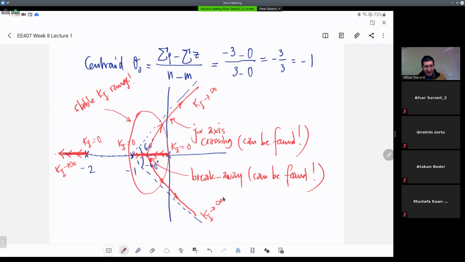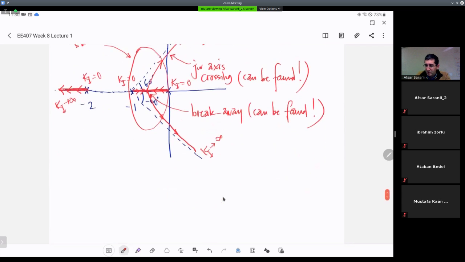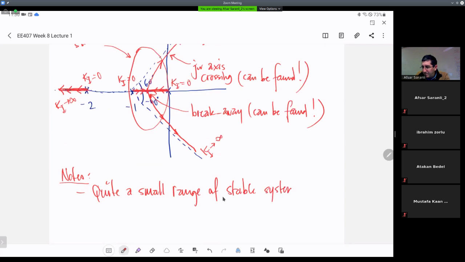So what can we say? Well, you have quite a small range of stable ki. Okay, so notes. Quite a small range of stable system with changing ki.